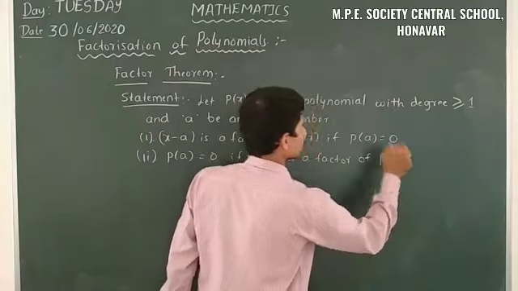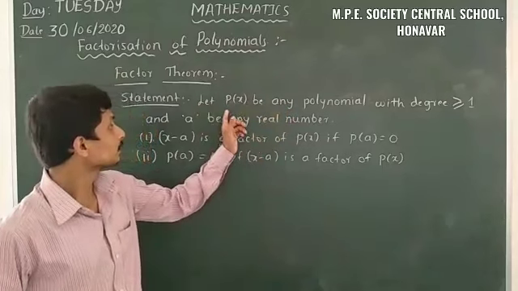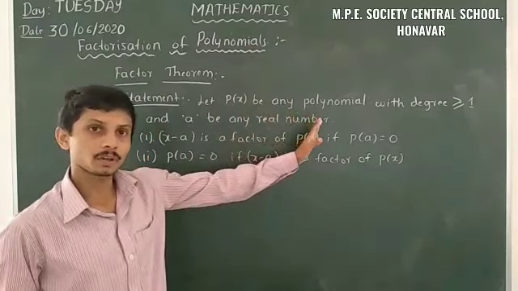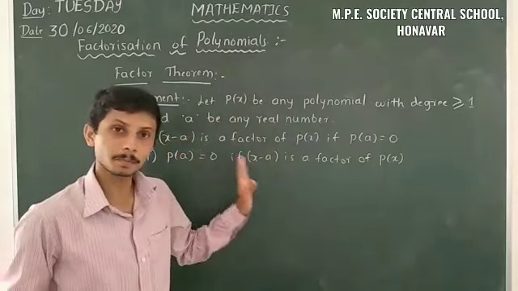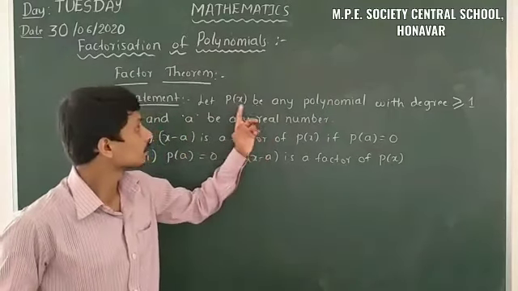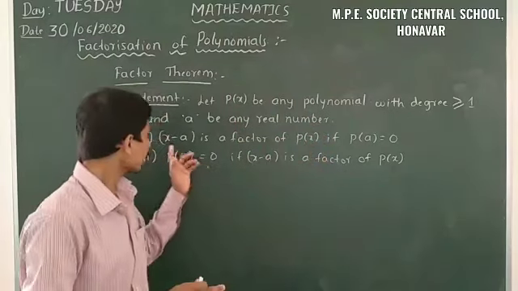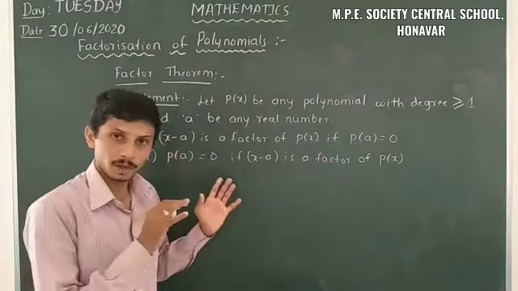polynomial p of x. Yes, there are two polynomials, that is p of x is one polynomial and x minus a is another polynomial. So here it tells us that p of x is a polynomial having a factor x minus a. If x minus a is a factor of polynomial p of x, then p of a is equal to 0.